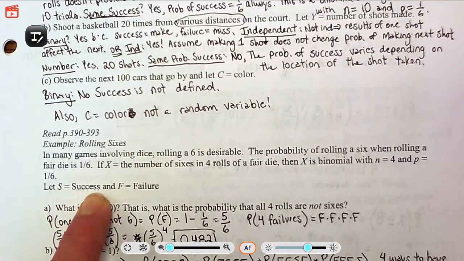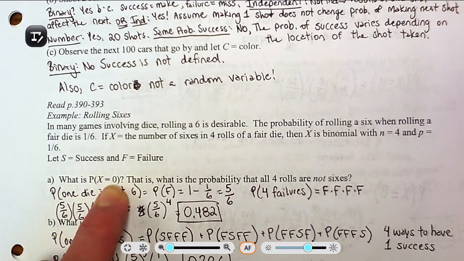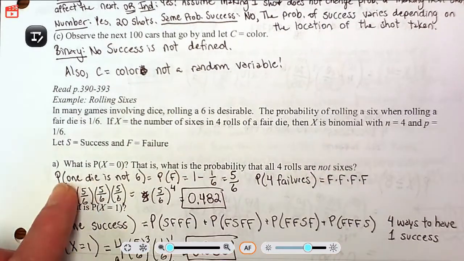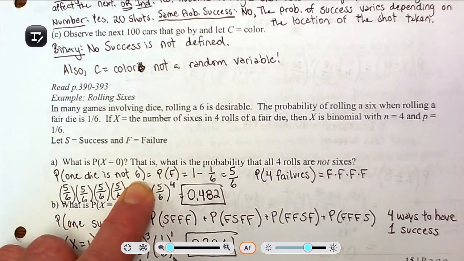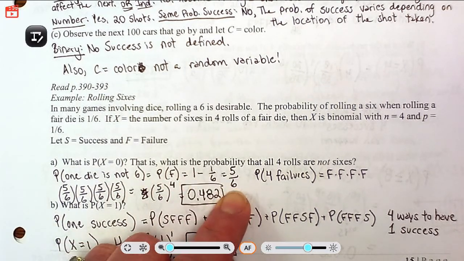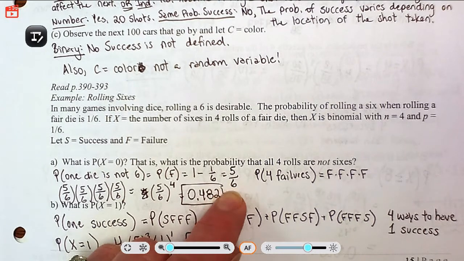Let S equal success and F equal failure. What is the probability that x equals 0? That is, what is the probability that all 4 rolls are not 6s? So the probability that one die is not a 6, a probability of a failure, is 1 minus 1/6, which is 5/6. There's 5 failures out of the 6 possibilities, rolling a 1, 2, 3, 4, or a 5. 5 ways that can happen.